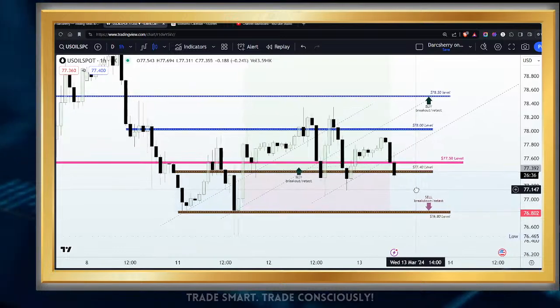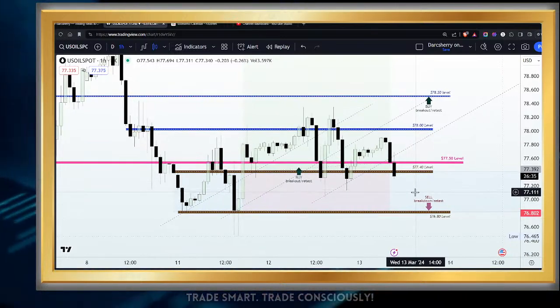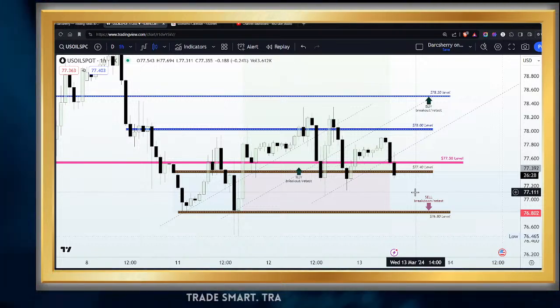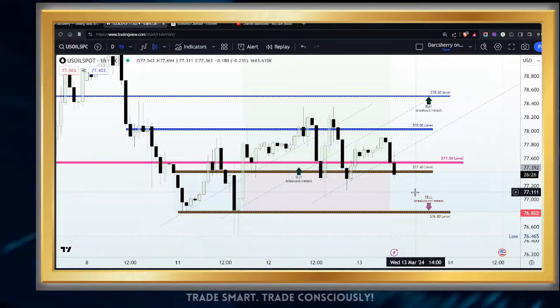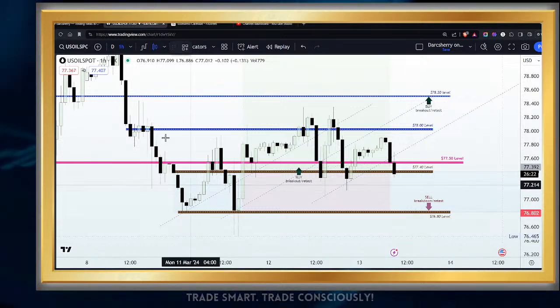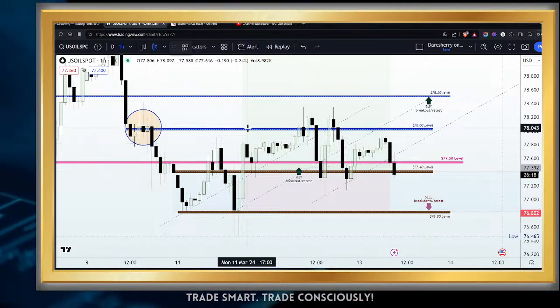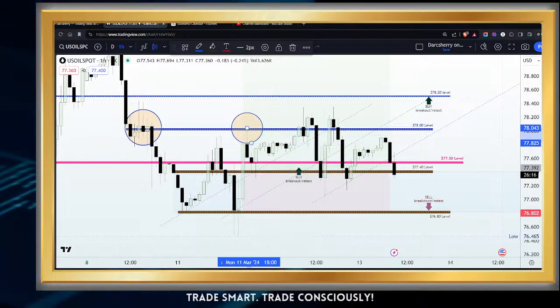Now let's look at things from a technical standpoint, using the fundamentals as a yardstick to guide our decisions. The first thing you will notice here on the 1 hour time frame is the fact that the $78 area had continued to be a strong selling niche, negating all attempts by the buyers to break through this area.